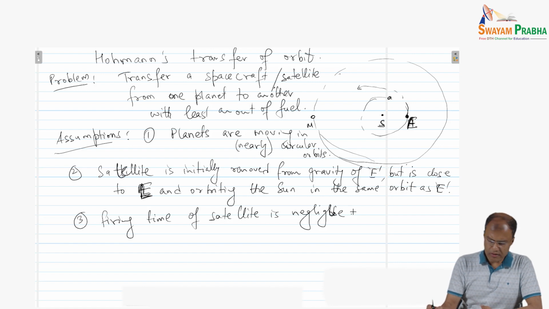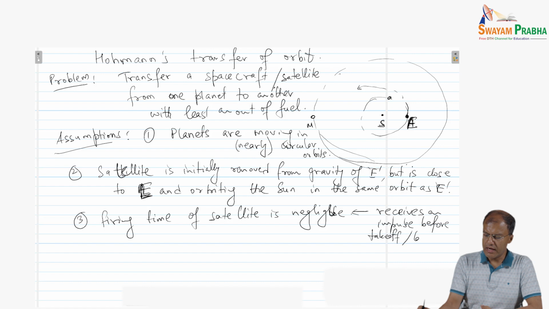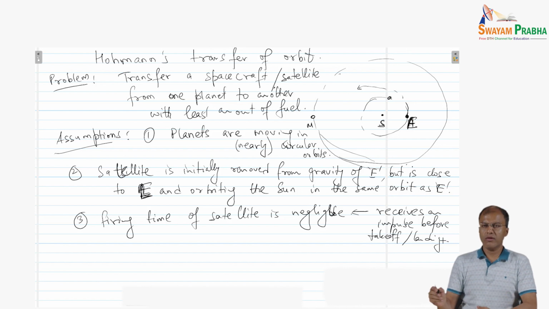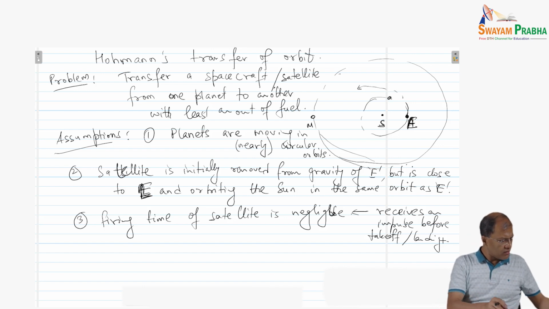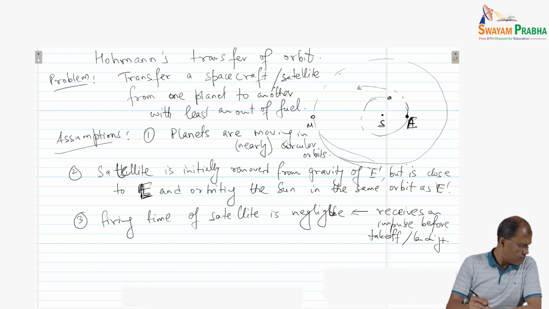Which means that the satellite receives an impulse before takeoff and landing. Okay, so the satellite receives an impulse, which means the firing time is 0. Okay, so then with all these assumptions, we need to find out what is the net impulse.